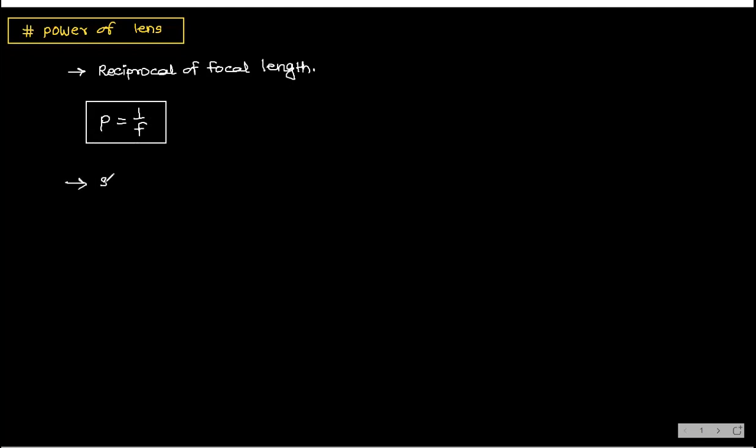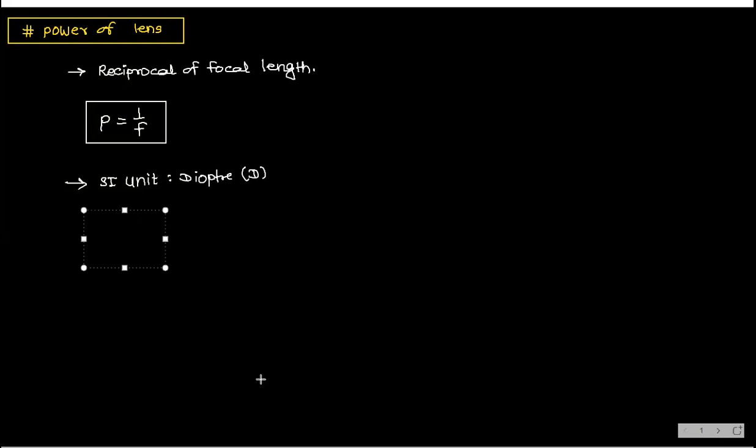The SI unit for power is diopter, and it is denoted by capital D. If you want to calculate power in diopter, then you should take focal length in meter.